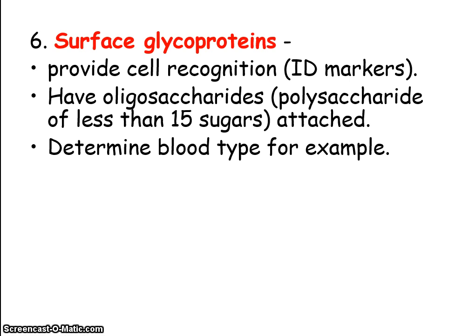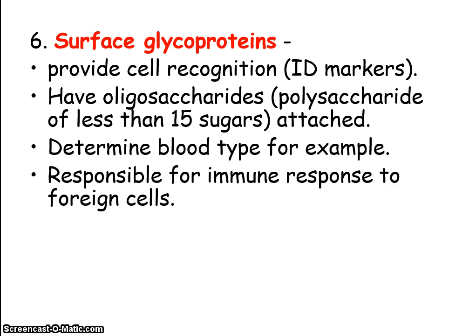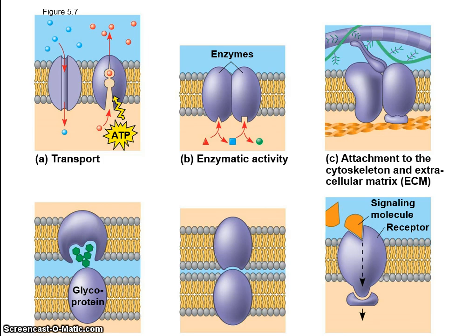So ID markers can identify something as belonging, and can also identify something as not belonging inside of the cell. Okay, and this is just a diagram. We went through all of these: transporting stuff, enzymes, attachment, glycoproteins, joining cells, and then receptors.